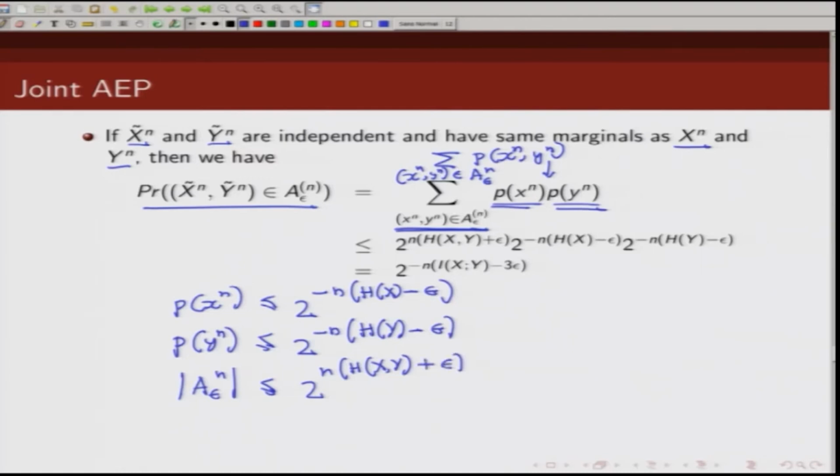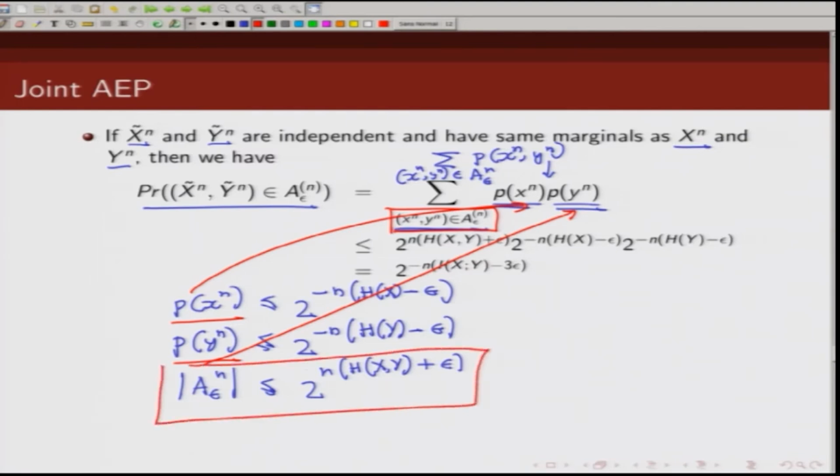So if we plug in these values of p of x^n, p of y^n here, and sum over all x^n, y^n belonging to this jointly typical set, which has a number of elements upper bounded by this, what we get is this term, which we get from the upper bound on the number of elements in this jointly typical set, this term which we get by upper bounding the probability of x^n, and this we get from the upper bound on p of y^n.